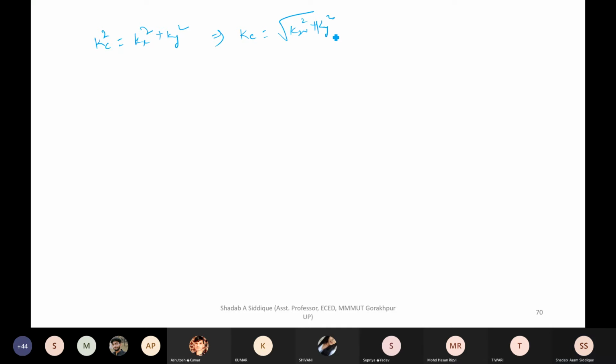And this kx comes out to be m pi by a and ky comes out to be n pi by b, and kc was omega root under mu epsilon, because kc square is equal to omega square mu epsilon. So kc will come out to be omega root under mu epsilon.